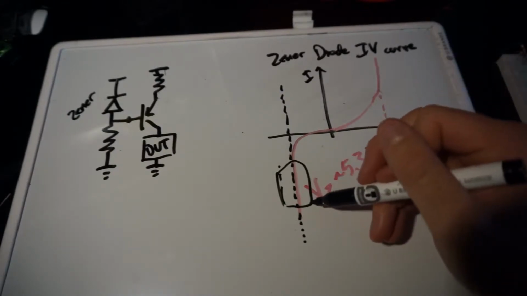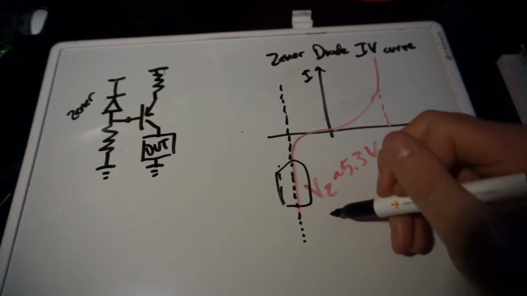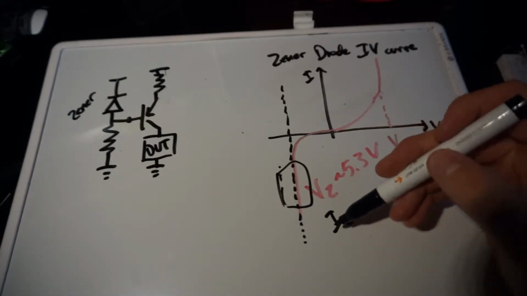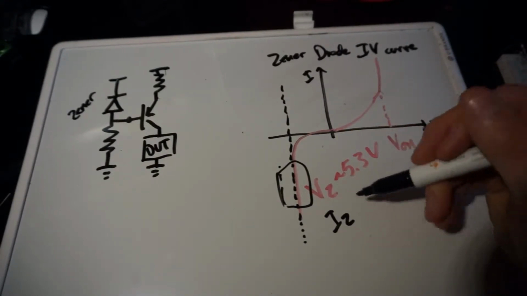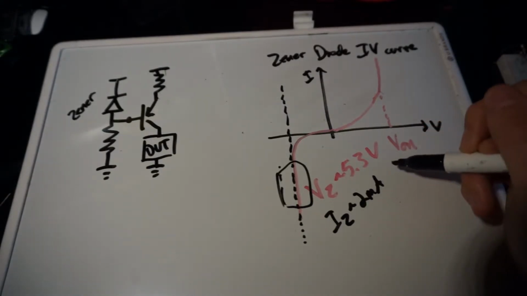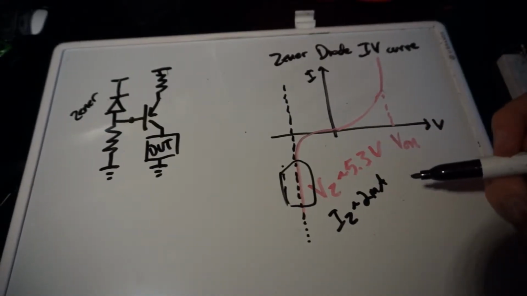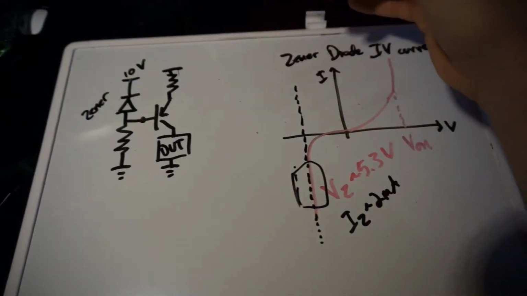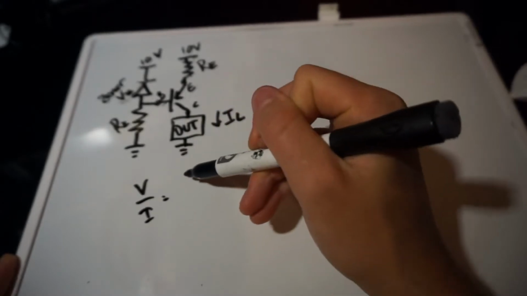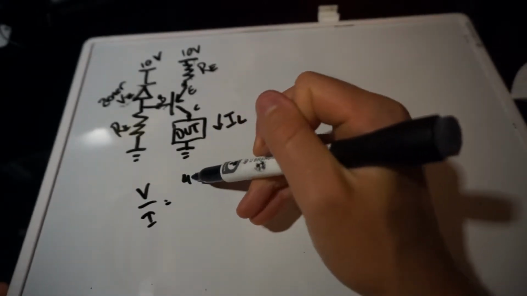So we also need to set IZ. We need to set the current through the Zener diode such that it's in full saturation, and we're going to go for about 2 milliamps. And so what you can do is just calculate, if we have a 10 volt supply, that V over I equals 4.7.